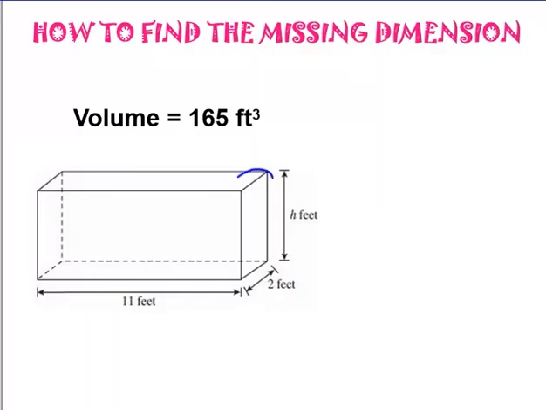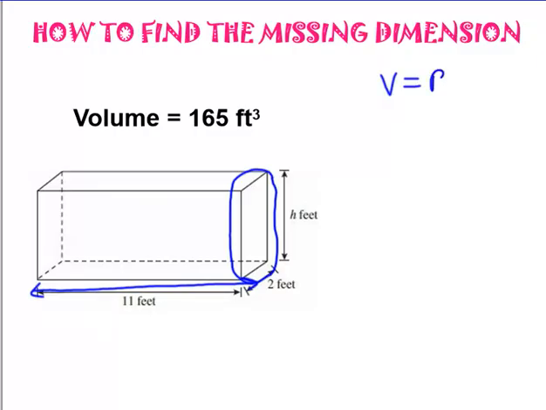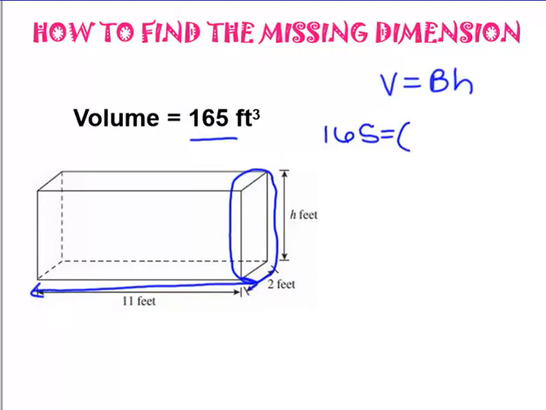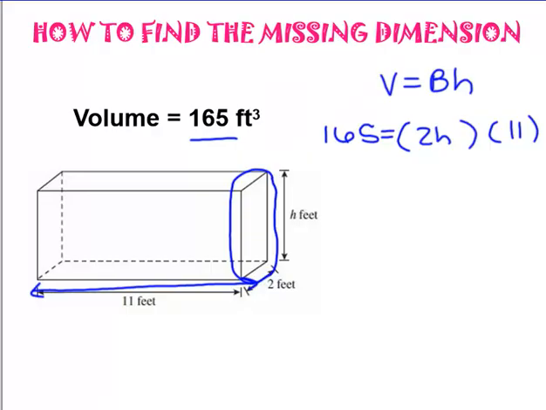All right, let's look at this example here. Again, I have my base right here, and I have the base of my base, but I'm missing the height of my base. I do have the height of the entire prism. I know these words are a little confusing because they're repetitive. I am given my volume, 165 equals. Now I have 2 times h, which is just 2h, and I have the height of the entire prism, which is 11.